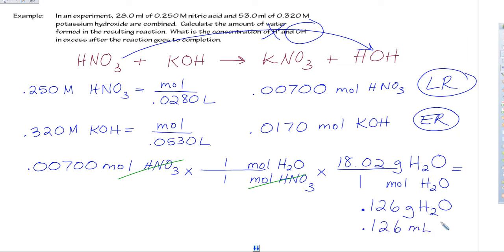And technically, they don't specify a unit, so even if you left it as moles, I couldn't fault you for that. But I'm going to leave it as either grams or milliliters in this case. All right, part 1, check. We've got the amount of water formed.